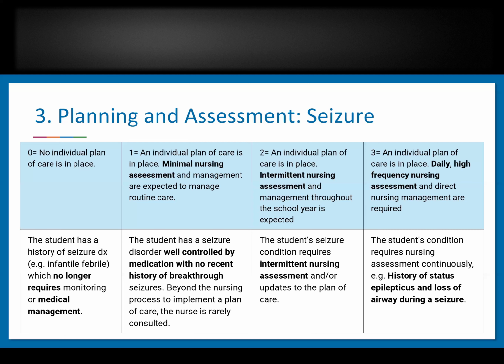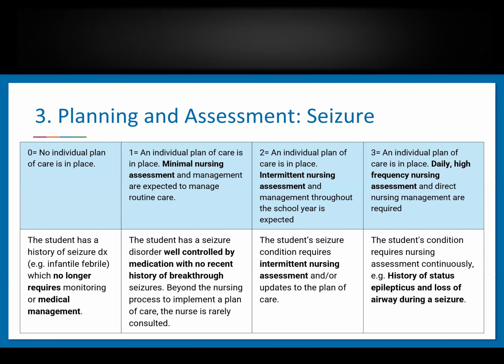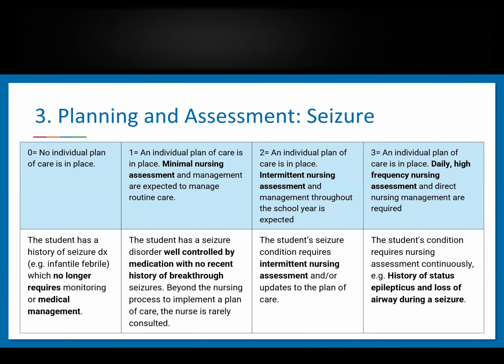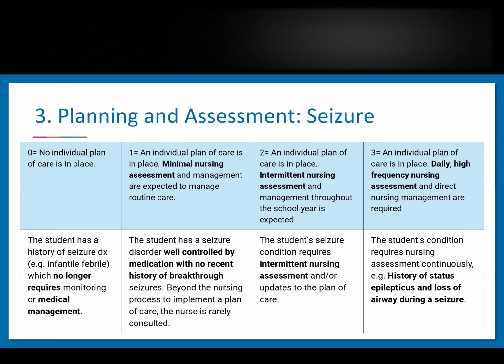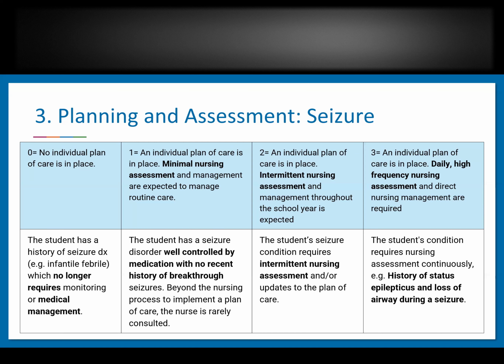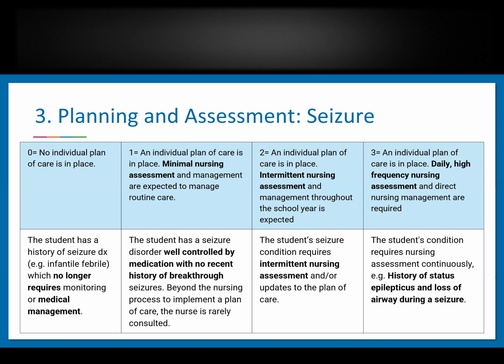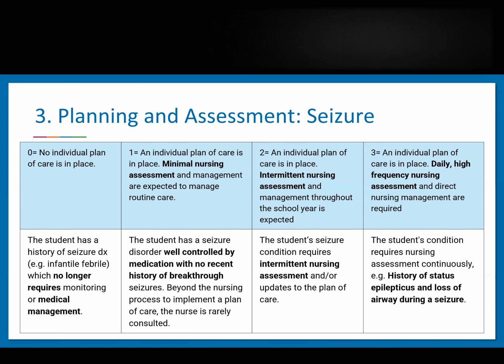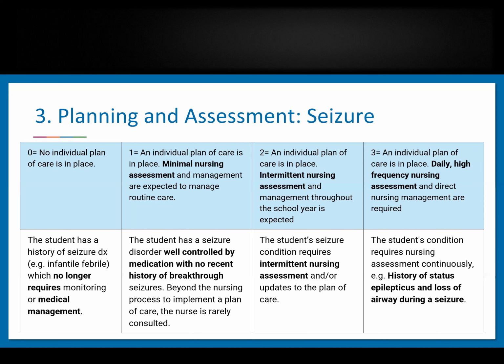Let's look at examples of planning and assessment for a student with a seizure disorder. If the student has a history of a seizure diagnosis, such as infantile febrile seizures, which no longer require monitoring or medical management, the score would be a 0. If the student has a seizure disorder which is well controlled by medication with no recent history of breakthrough seizures and beyond the nursing process to implement a plan of care the nurse is rarely consulted, the score would be a 1.